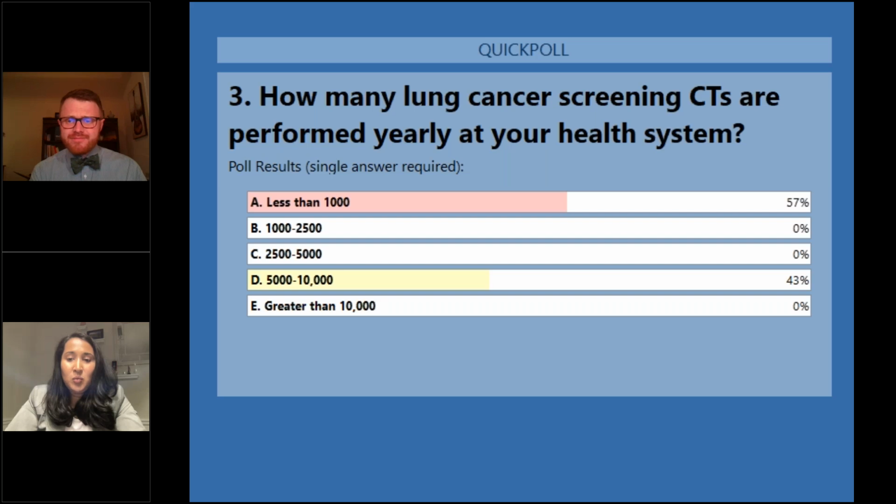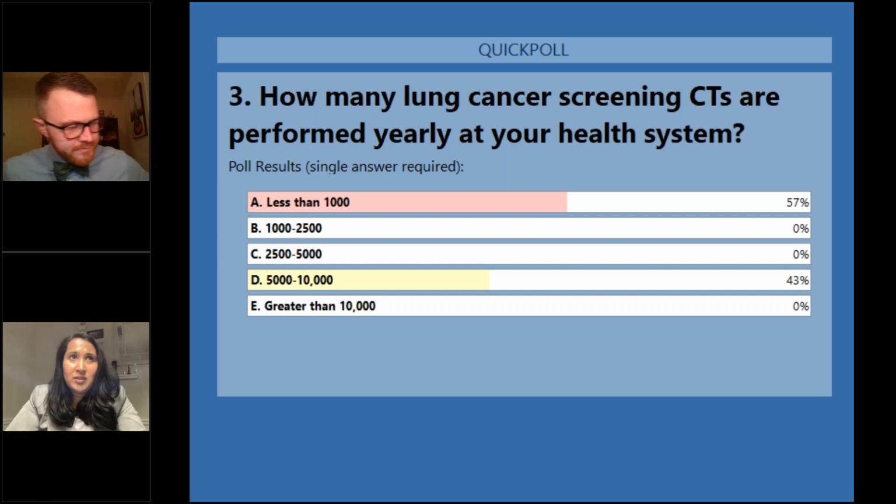So here at WellStar, we have a very large geographic area that we cover with all of our satellite locations. For us, we have about 4 or 5 nurse navigators that are somewhat assigned geographically to certain sites, but at the same time, they cover all the patients that come through the lung cancer screening program.